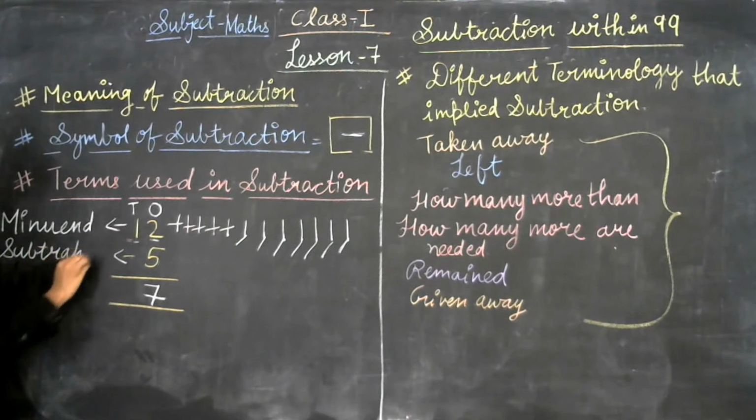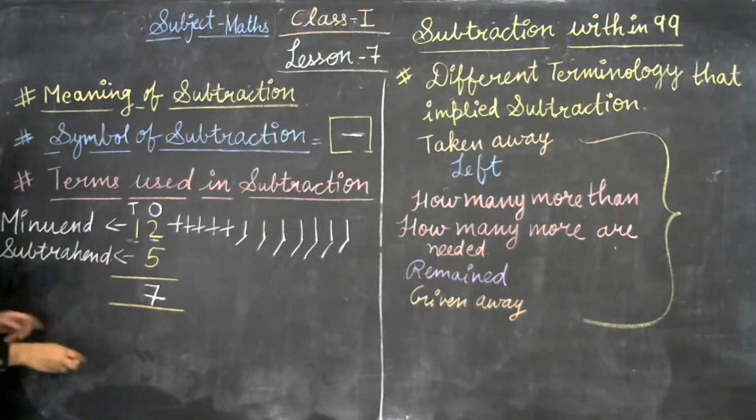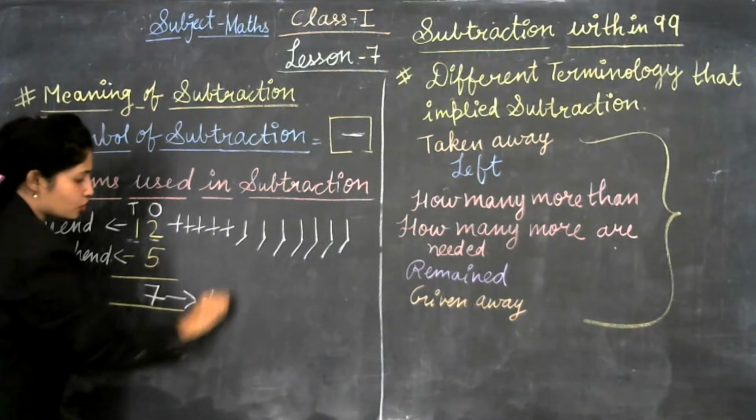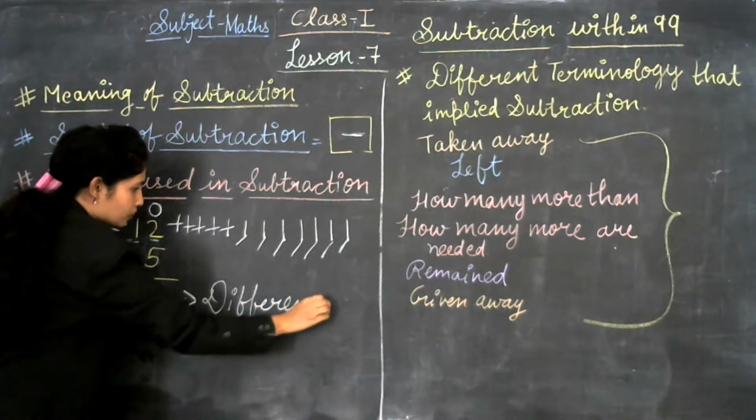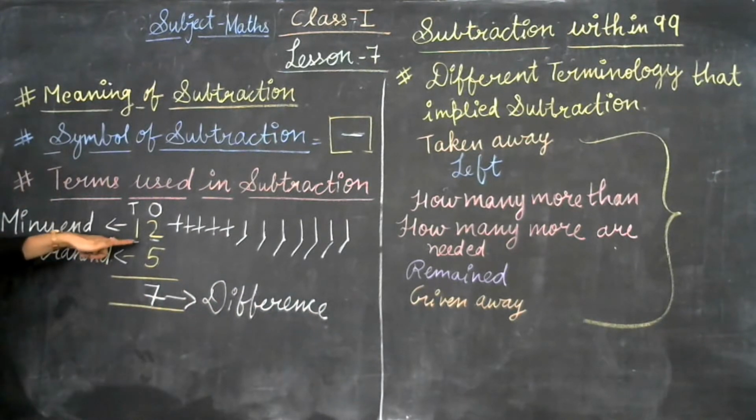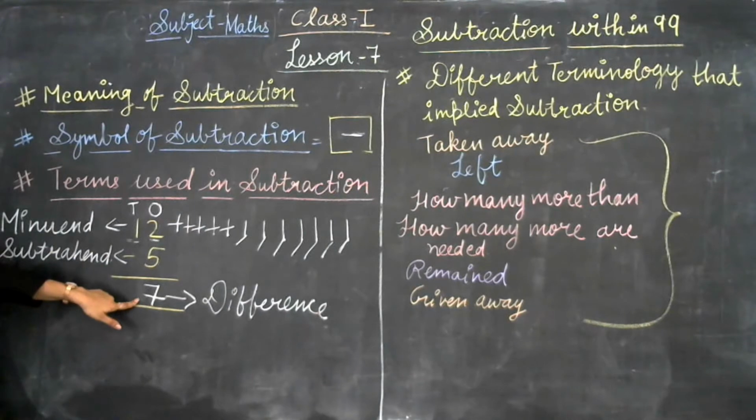And 7 is a difference. Look at this: 12 is a minuend, 5 is a subtrahend and 7 is a difference.